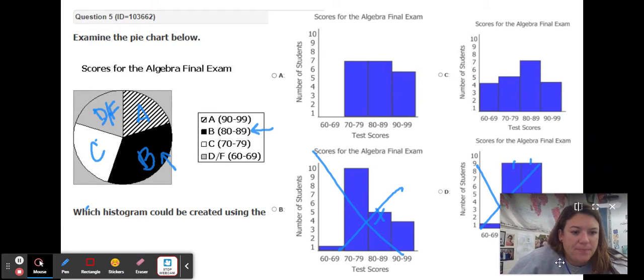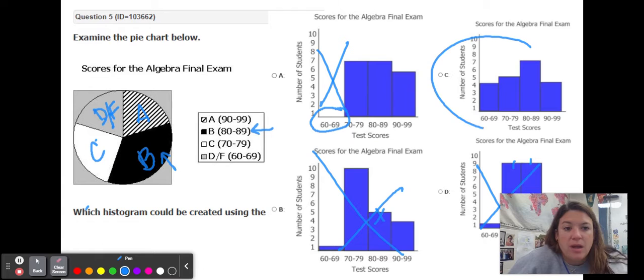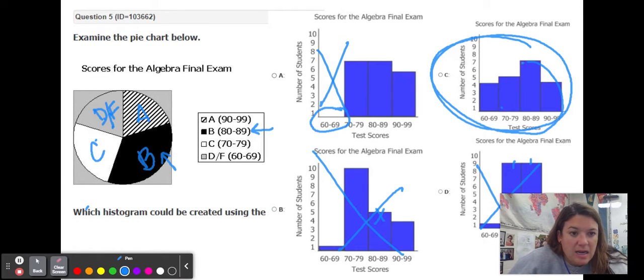Move my face again. The 80 to 89 looks bigger, and this graph doesn't even have a 60 to 69 range, which we do have on our pie chart. So it can't be that one. So it is C. See how the 80 to 89 is definitely the biggest, and the other 3 are very similar in size. Okay.